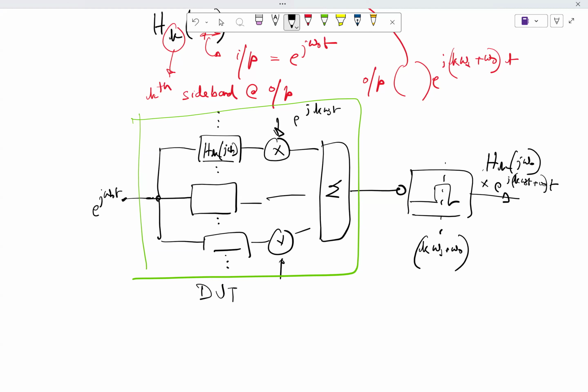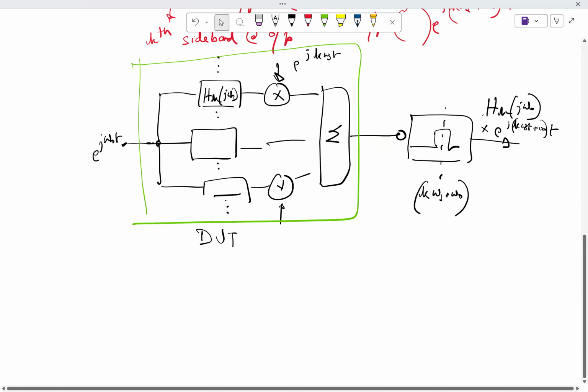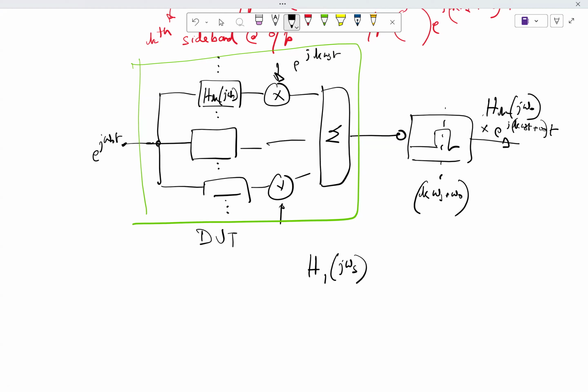So this is if I want to find out Hk j omega naught for any e to the power j omega naught t that I am applying. Now let's say I want to find out H1 of j omega s. This is what we were doing the day before yesterday.